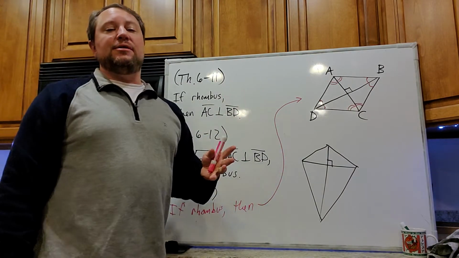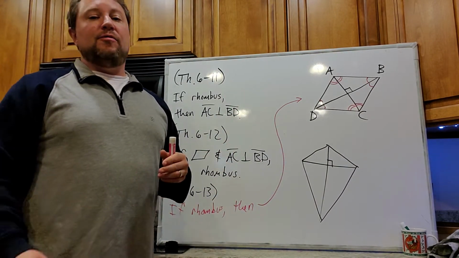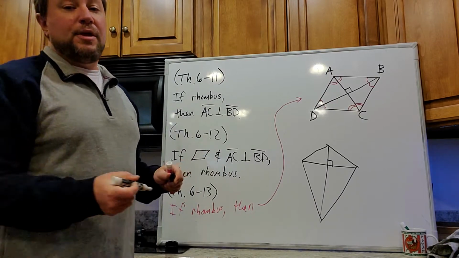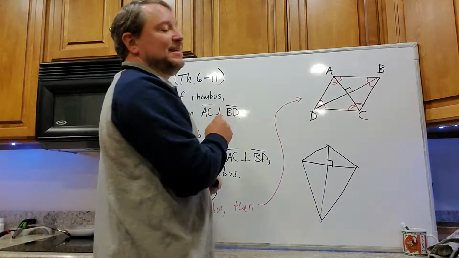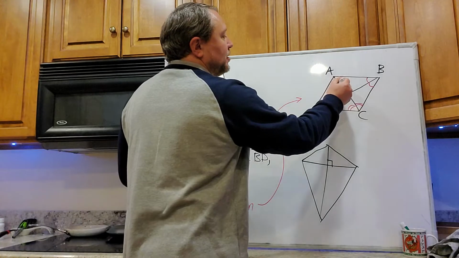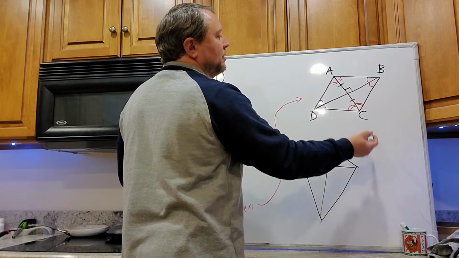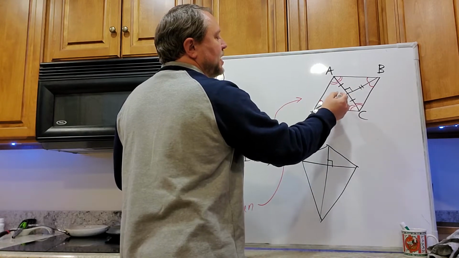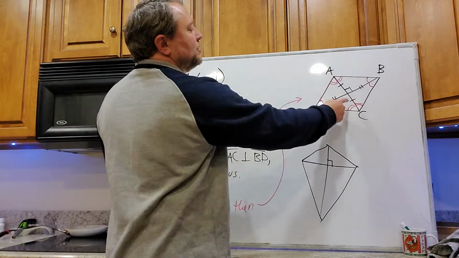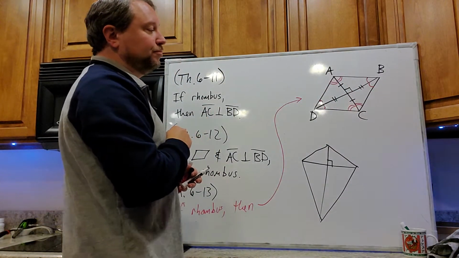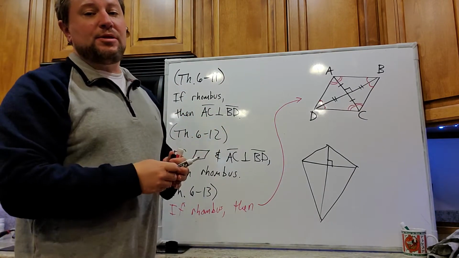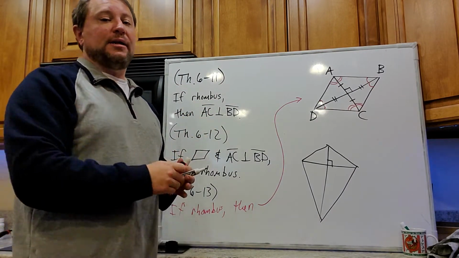Since a rhombus is a type of parallelogram, don't forget what's true about a parallelogram, that those diagonals bisect one another. So that means this length here matches that length, and this length matches that length. So we've got single, single, double, double. And by definition, a rhombus already has all four equal sides.